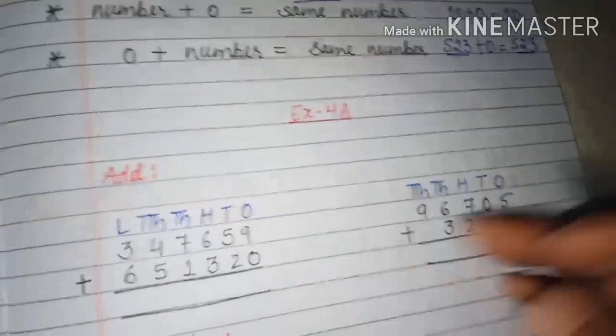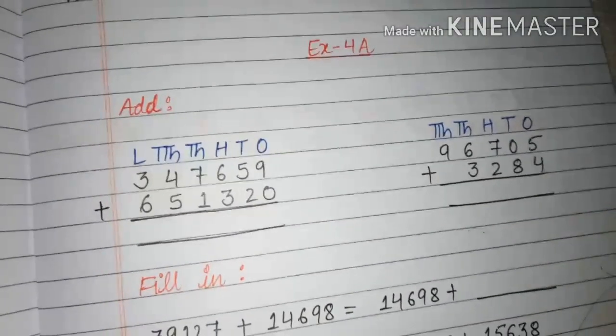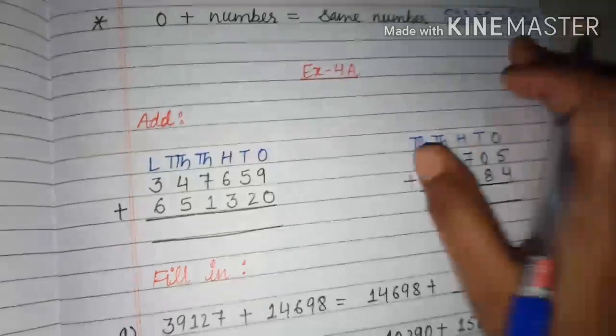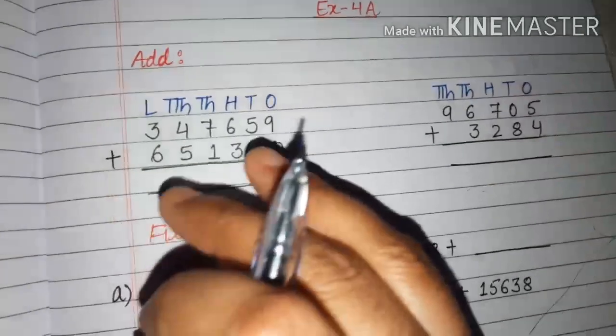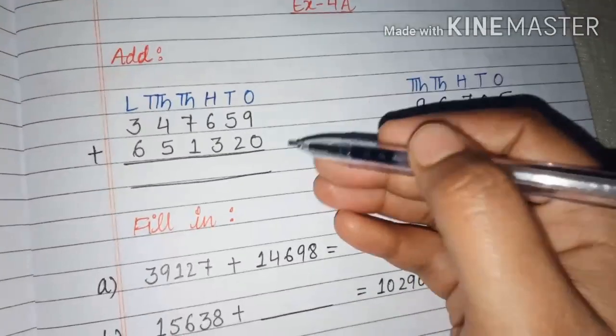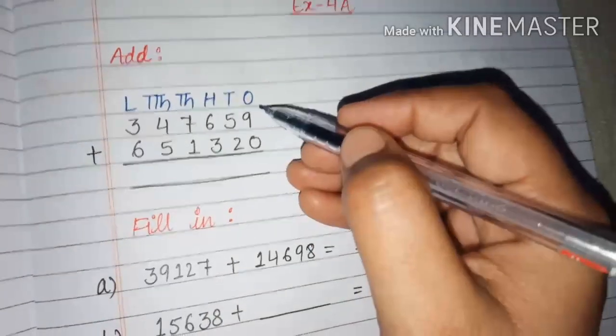Now we have our Exercise 4a, which has different types of questions. The first type is addition in which the sums are already given in columns. So let's start.